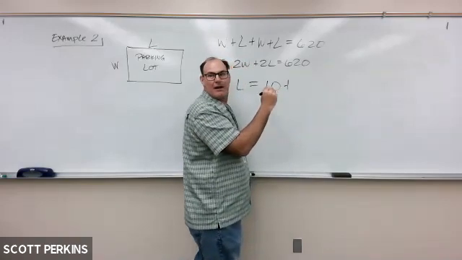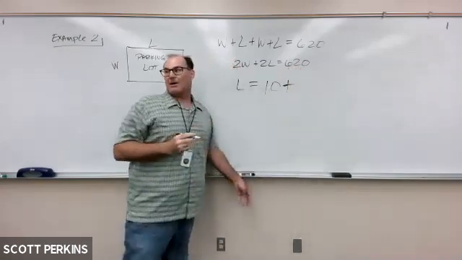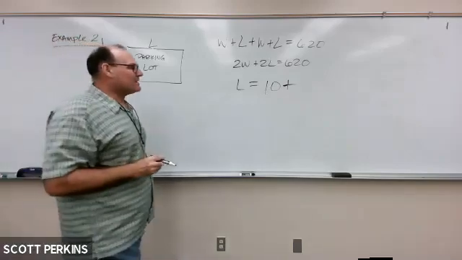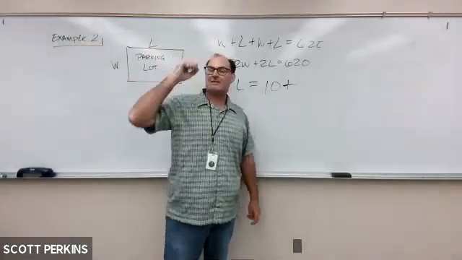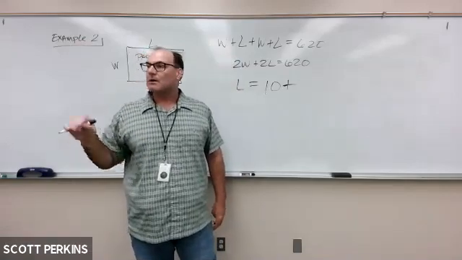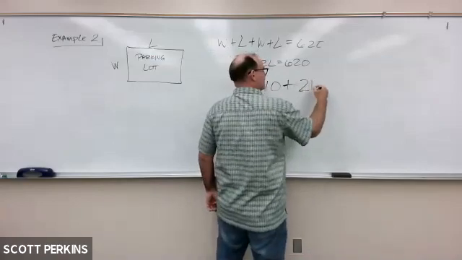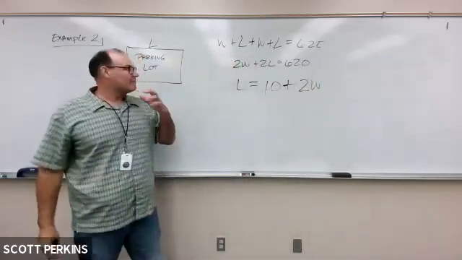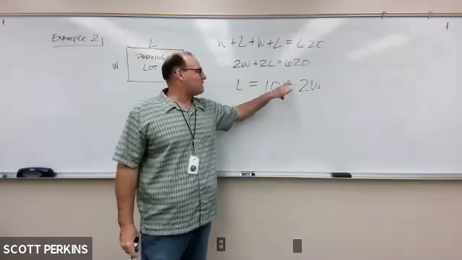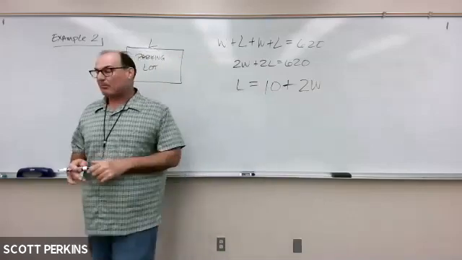Sorry. I'm going to say plus. It's plus. More than means add. Okay, but maybe I misheard. 10 more than, twice its width. Now here's another word maybe we haven't seen. Does anyone know what the word twice means when you use it? Multiply by what? 2. Yep. So twice the width. And there it is. The length is 10 more than twice the width. Just word by word, I went and translated that problem.